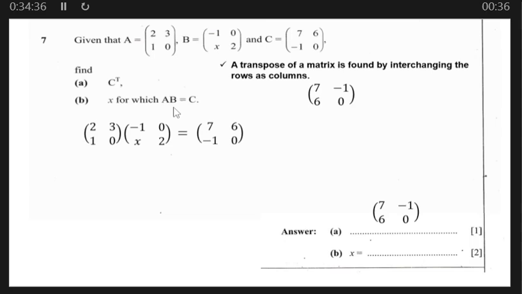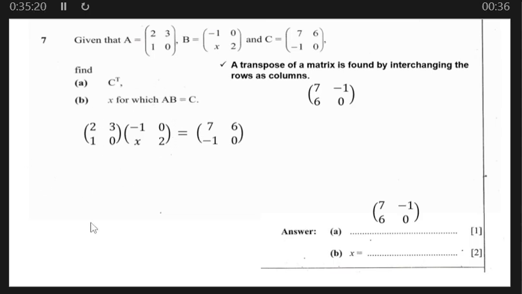So how do you multiply matrices? For you to be able to multiply matrices, the number of columns in the first matrix must be equal to the number of rows in the second matrix. Here the first matrix has 1, 2, and the second matrix has 1, 2, so since they are equivalent, these can be multiplied.